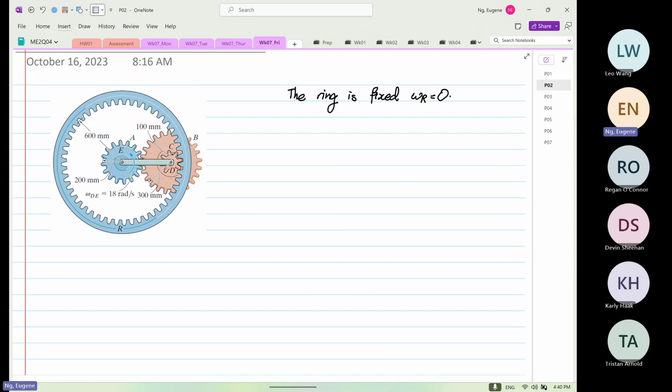So we have to find omega A and omega C, and we know that omega C is also equal to omega B. Given to us, we know that omega DE is equal to positive 18 k radians per second. Positive is because it's going anti-clockwise.